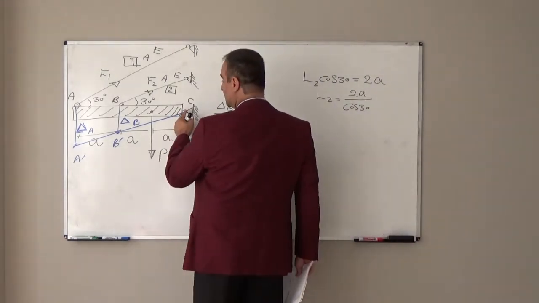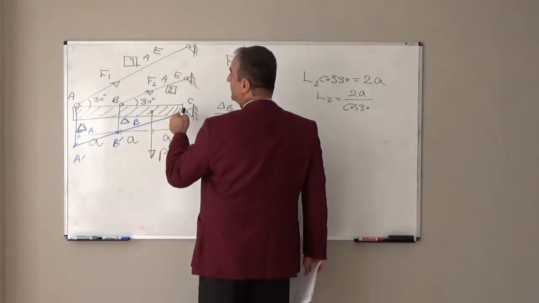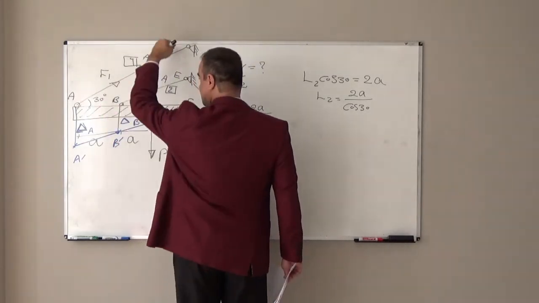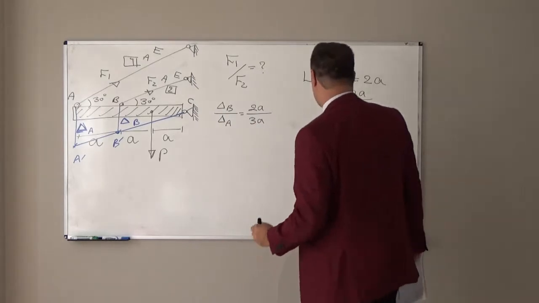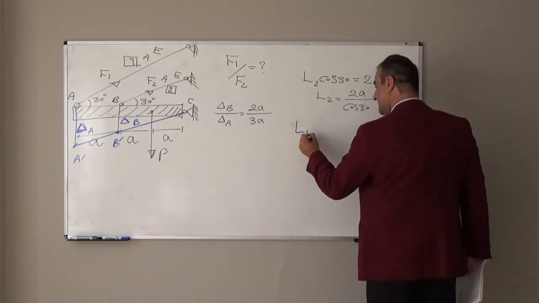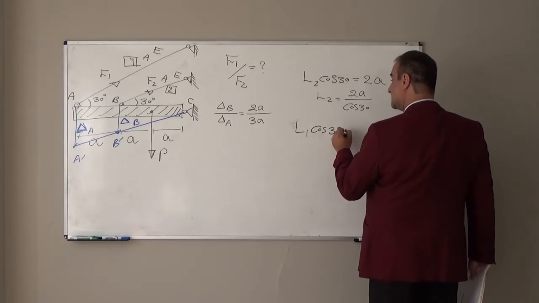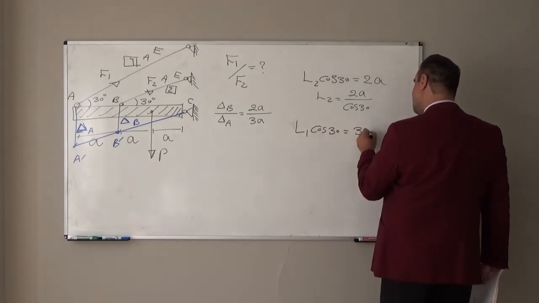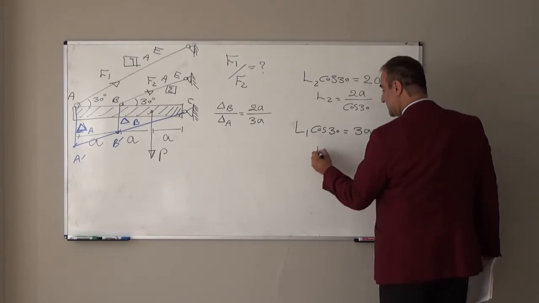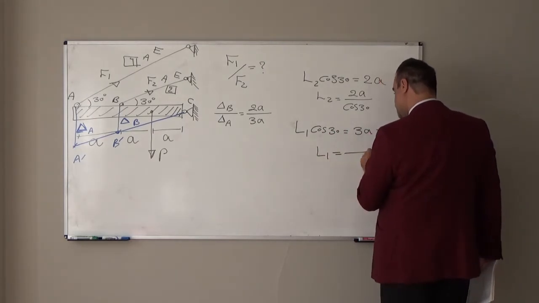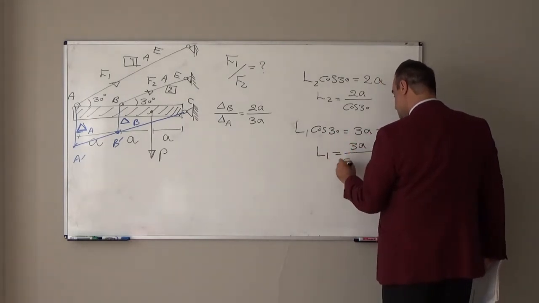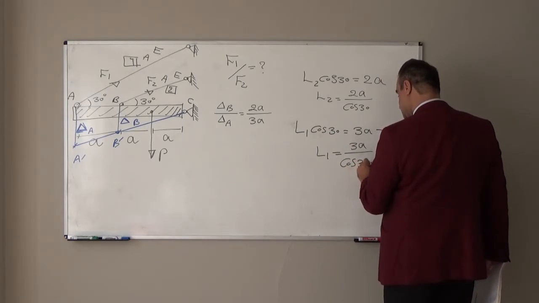From point C to A, it is 3a, but I don't know this length, but I can find it. If that length is L1, L1 cosine 30 should be equal to 3a. From here, I can write L1 is equal to 3a over cosine 30.